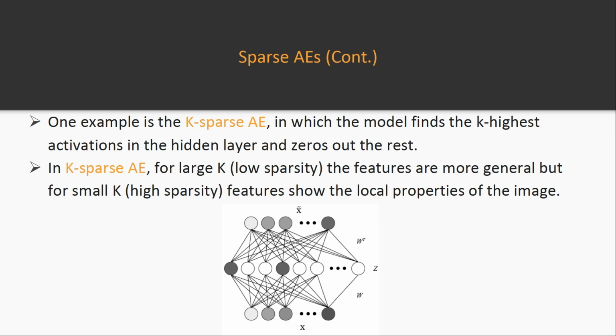In K-sparse autoencoders, for large K, which shows low sparsity, the features are more general, but for small K, which corresponds to high sparsity, features show the local properties of the image. Here you can see an example of a sparse autoencoder in which the number of the neurons in the hidden layer Z is even bigger than the input X or the output X hat.